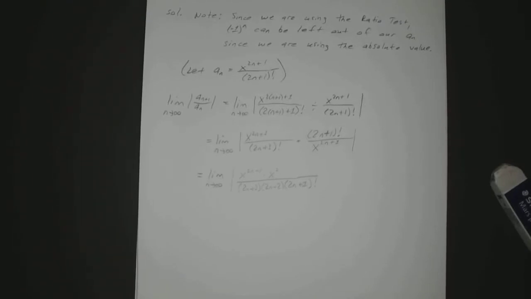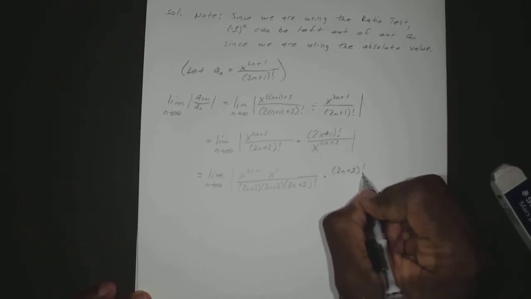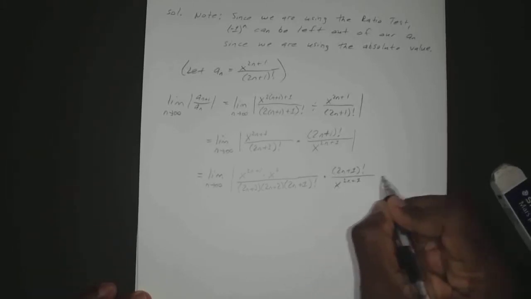So it just keeps going down further and further. Times 2n plus 1 factorial over x to the 2n plus 1.